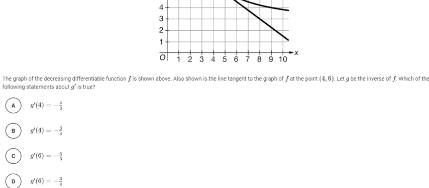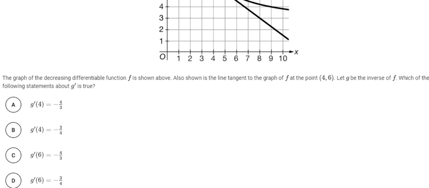All right, so we're looking at G prime. That's what I was looking for. Okay, G is the inverse of F. I knew I had some important information. All right. Now, so we're talking about a statement of G prime, or G prime of 4 or G prime of 6.